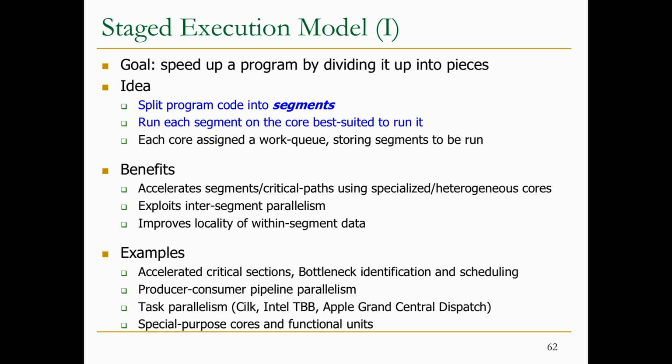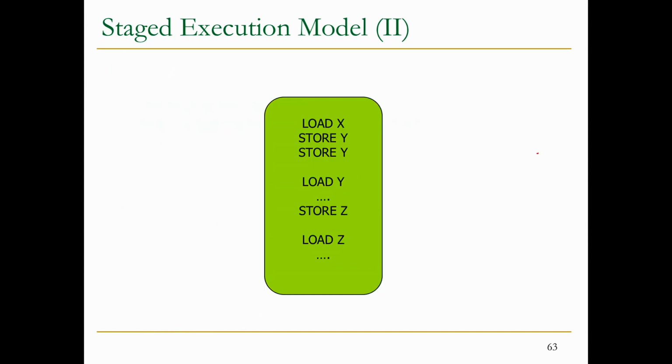Whenever you want to ship something to a special purpose core, a special functional unit, like a GPU, it's very coarse-grained today, but you run into the same problem. Or even in-memory computation. Whenever you ship something to a functional unit inside the memory, you run into the problem that I'm going to discuss. Basically, at the very high level, a stage execution model looks like this.